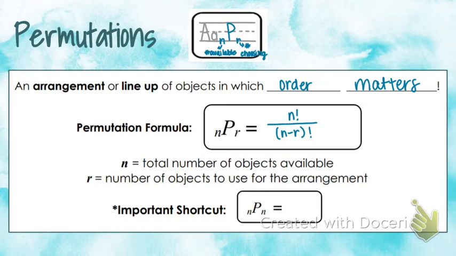Now, an important shortcut. If you have nPn, let's say there are 5 runners and we want to place all 5 of them in 1st through 5th place, then that would just be n factorial, or 5 factorial in the example I'm giving you.